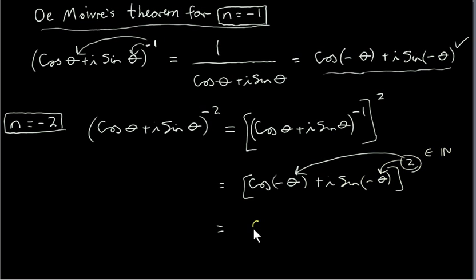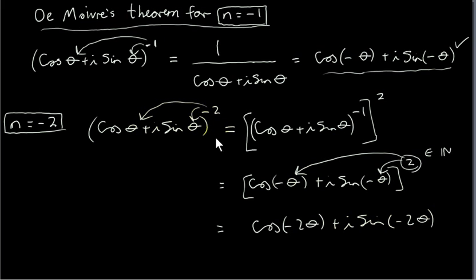So multiplying by 2, we get cos minus 2 theta plus i sine of minus 2 theta. So that proves de Moivre's theorem for n equals minus 2. We can multiply minus 2 by the angle. We can now easily generalize that result to the case where n is any negative integer.